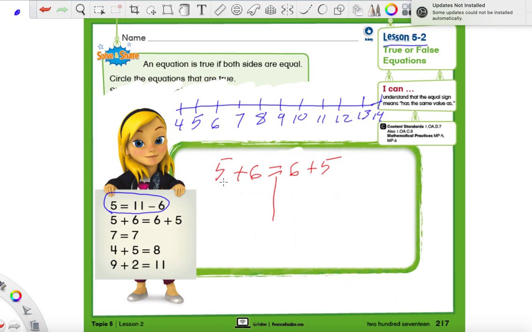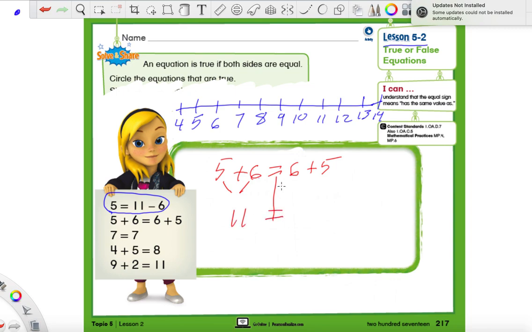So, again, we can have our fence. 5 plus 6, I need to know what 5 plus 6 equals. I like to draw these little lines to show that I am combining the two numbers. So 5 plus 6, well, here's 5. 6 jumps. 1, 2, 3, 4, 5, and 6. And we get 11. So does 11 equal 6 plus 5? Sorry about that.